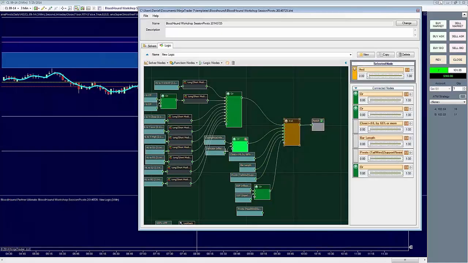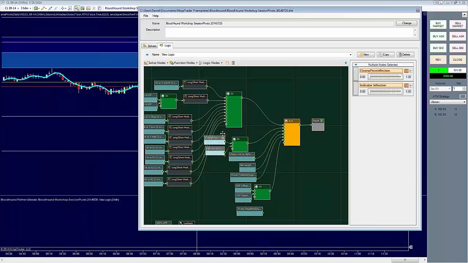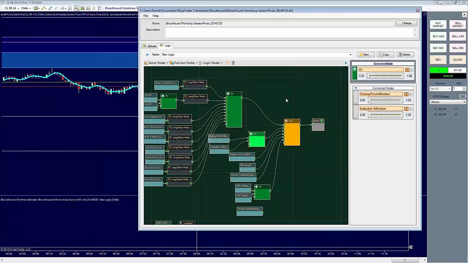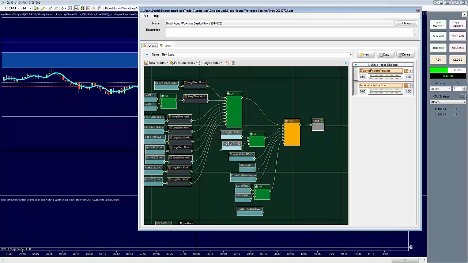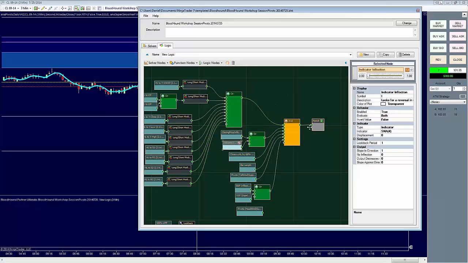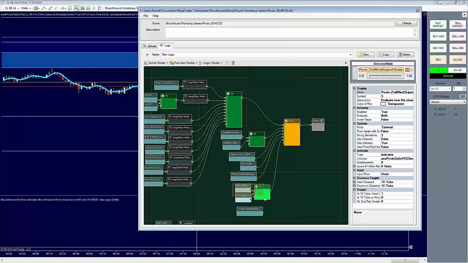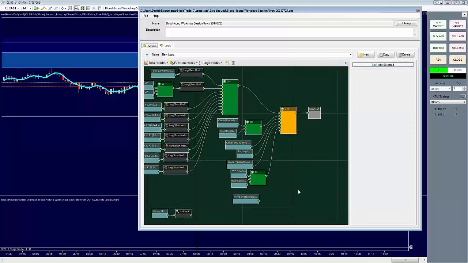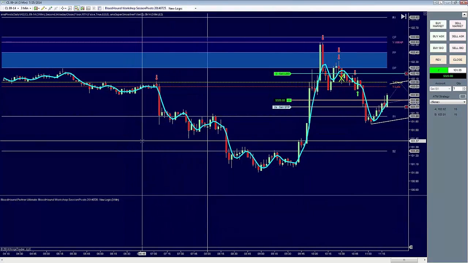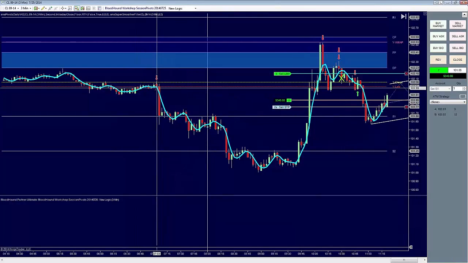And remember, our other conditions are such that I'm going to have to change this now. We'll come back and tackle this in a moment. Bar length, yeah. Okay, let's just kind of see what we have here now. All right, so we still want to allow this short trade.